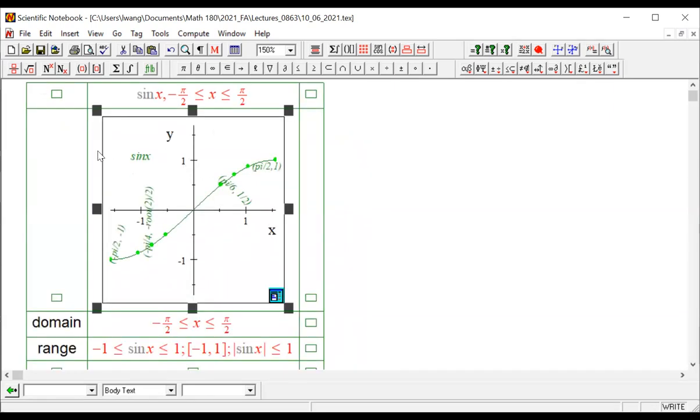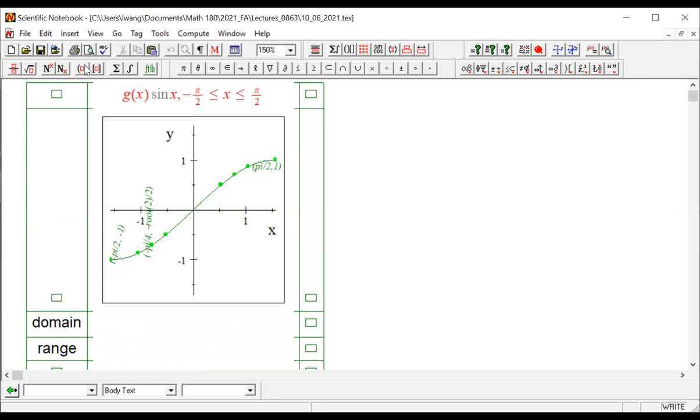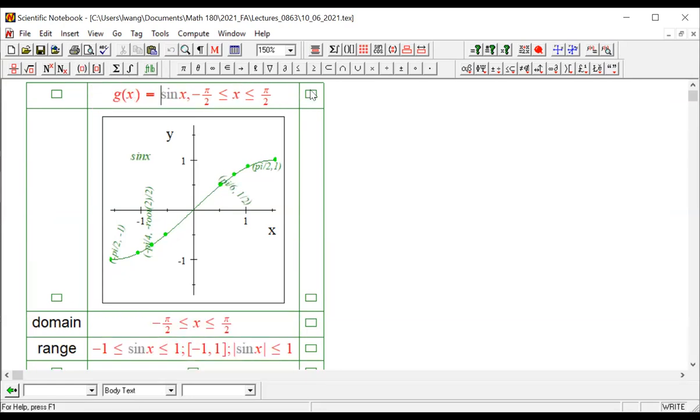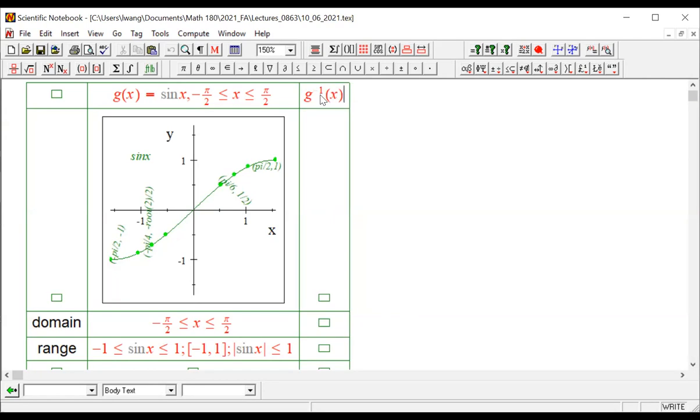Okay, so yesterday we plotted the points. We marked the points. I gave you homework to do that all over again, right? And this function is one-to-one. It has an inverse, and its inverse, if this is called G, is called G inverse, right?